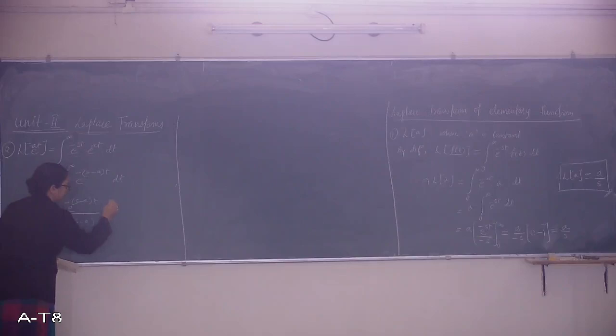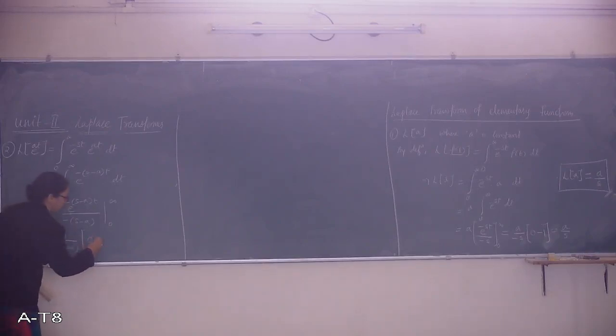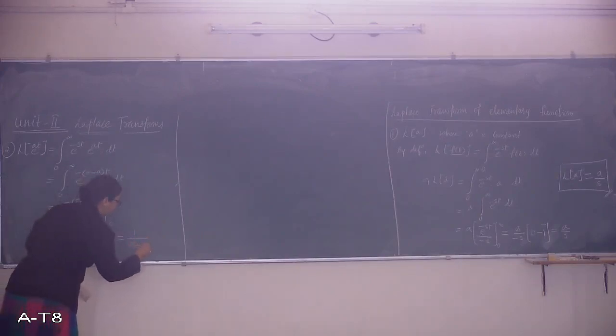Now apply the upper and lower limits. I take 1 upon minus of s minus a as the common term and apply the limit only to the numerator. The exponent becomes infinity, so e to the power minus infinity is 0, minus e to the power 0, which is 1. Minus into minus becomes plus, and we get 1 upon s minus a.